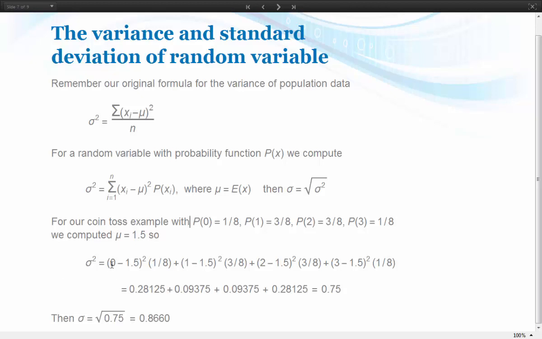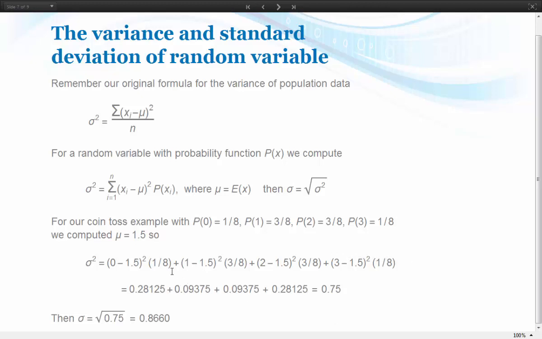We take 0 minus 1.5, square that, multiply it by the probability of 0, then 1 minus 1.5 squared times the probability of 1 head. Then we add 2 minus the mean, minus 1.5 squared, times the probability of getting a 2, and then 3 minus the mean squared times the probability of getting 3 heads.